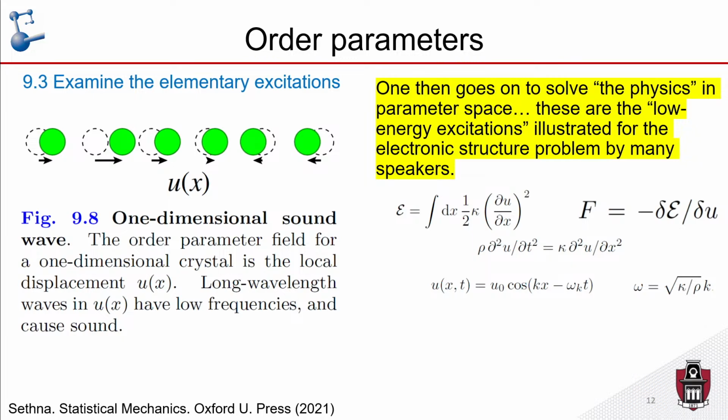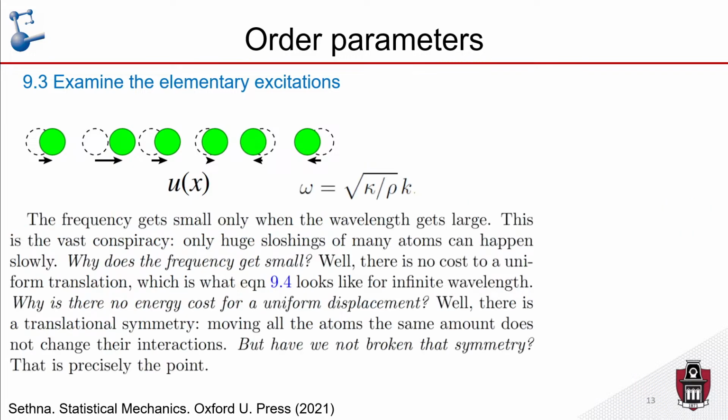So this is basically the physics of the problem. These are the solutions, the frequencies of sound relating to a stiffness, and these are the wave numbers. So this is the dispersion in this problem. This is the time. This is the solution of sound in the system, and so on.